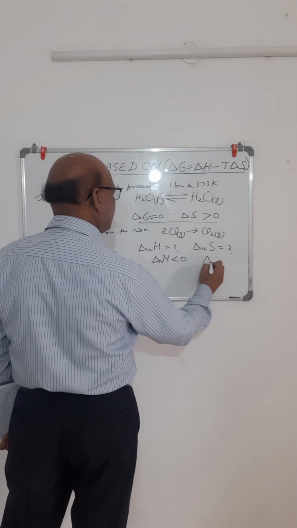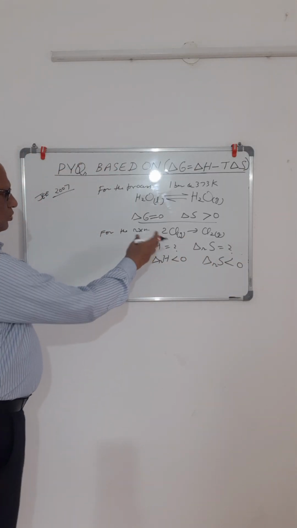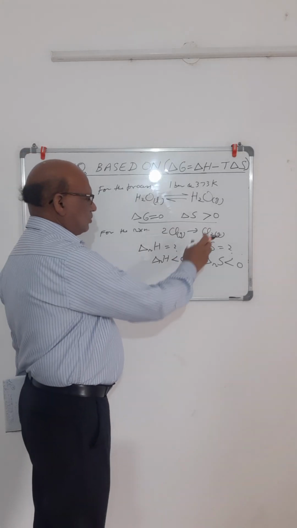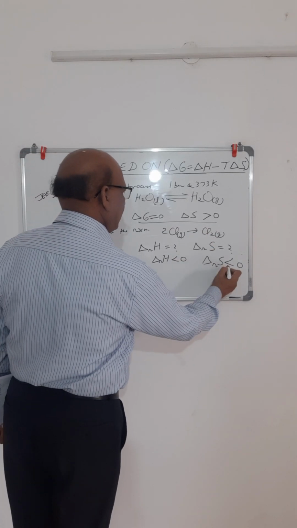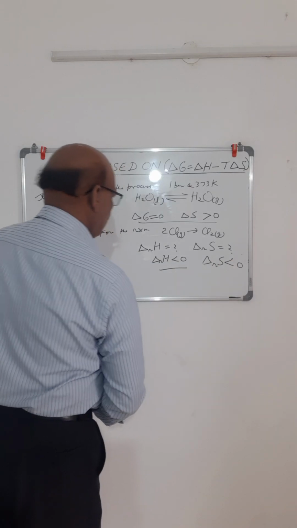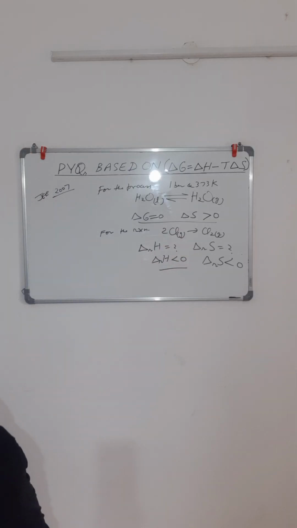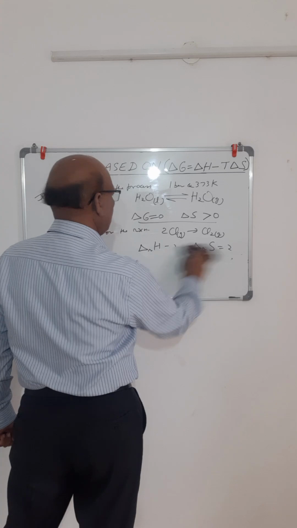Delta S will be less than 0. Why? Because two chlorine atoms are combining to make a molecule of chlorine, so randomness is getting decreased. So delta S will be less than 0 and delta H will be less than 0, means it is an exothermic reaction, for exothermic process.